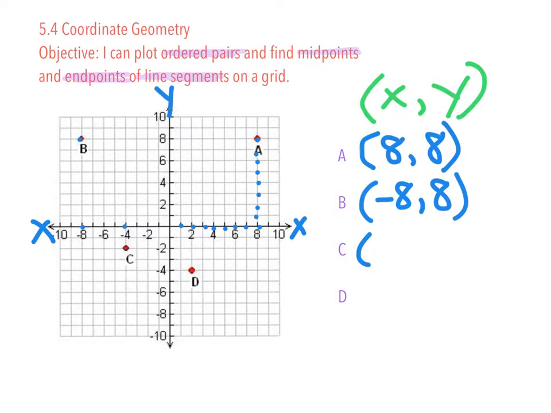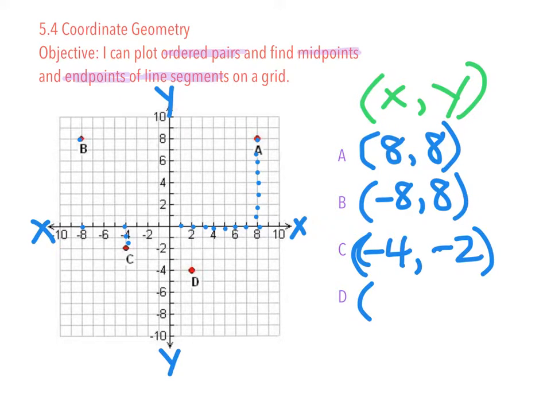It's at -4. So I need to write down -4 for x. Again, it's always important that we write down x first. So now looking at my y, my vertical axis going up and down, it looks like I go down twice, -2. So there's my C, my ordered pair for point C.